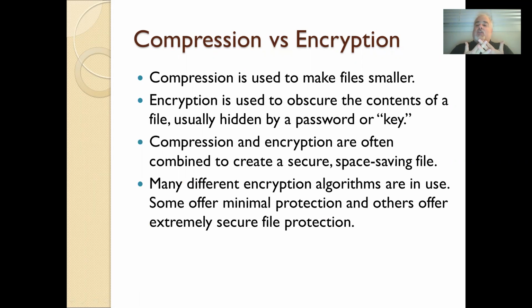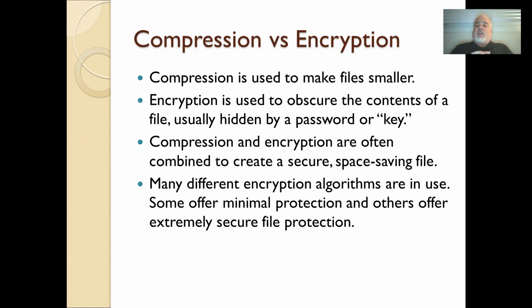So a zip file, you can encrypt a zip file so nobody can access it unless they have the password, or they have government-level supercomputers to crack your encryption, depending on what encryption you use.